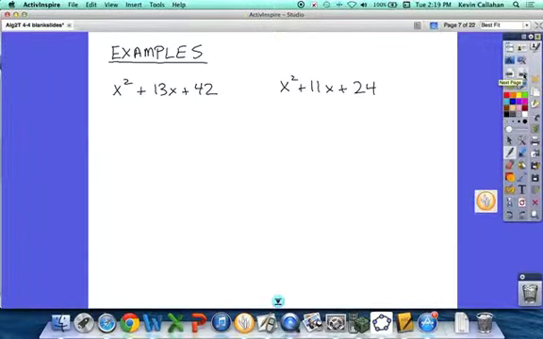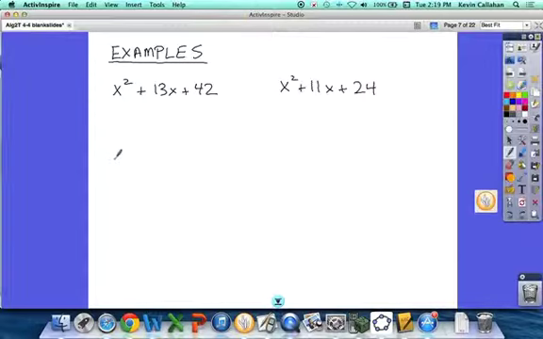So, for example, in this one on the left, we have to think to ourselves, what are the factors of 42 that add up to 13? Think of two numbers whose product is 42 and whose sum is 13. 6 and 7, right? It's assumed when you get these problems that that's how quick it comes to you.